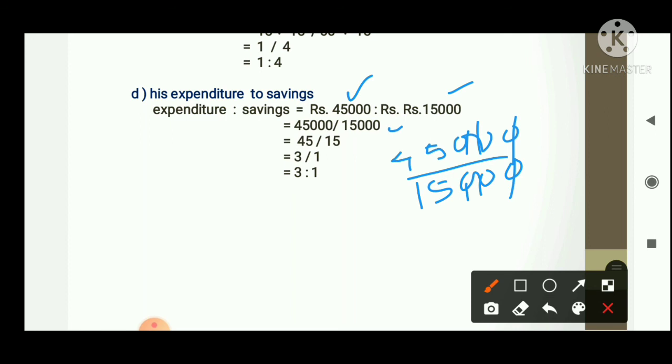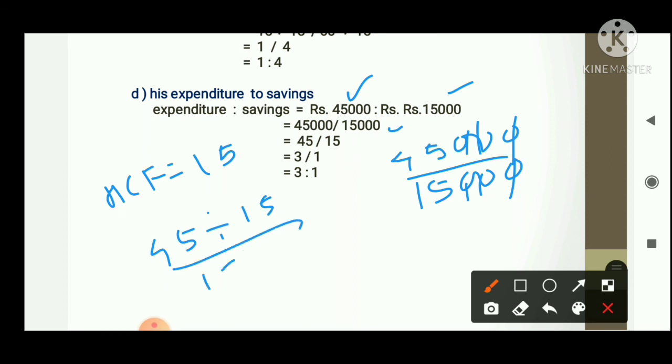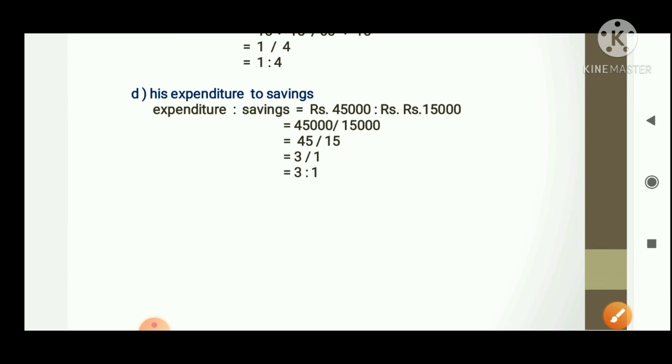Now HCF of 45 and 15 is 15. So to reduce it into lowest term we have to divide 45 by 15 and 15 by 15. By dividing 45 by 15 we get quotient 3, and by dividing 15 by 15 we get quotient 1. So its ratio is 3:1. So expenditure to saving, its ratio is 3:1.